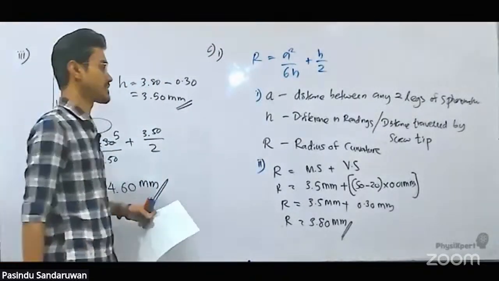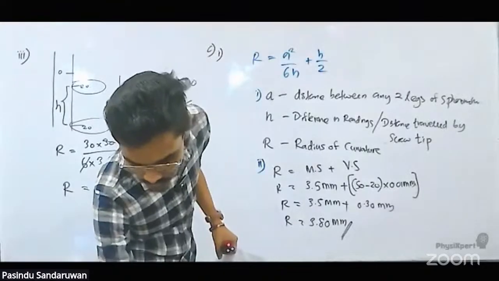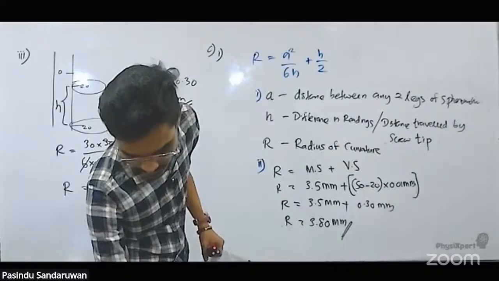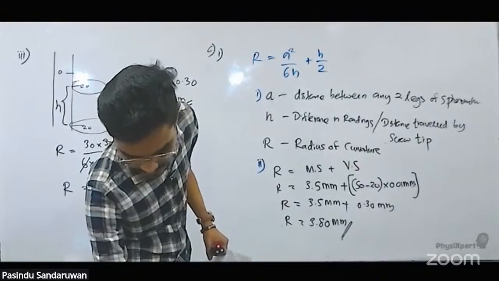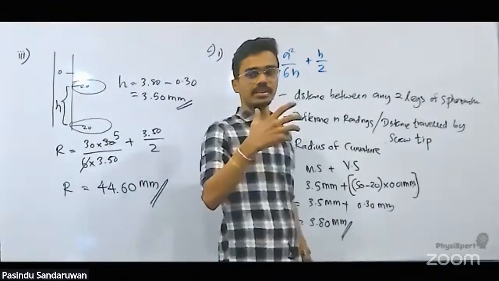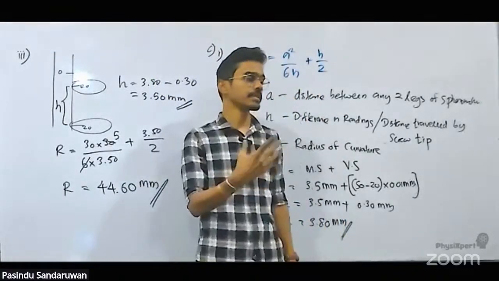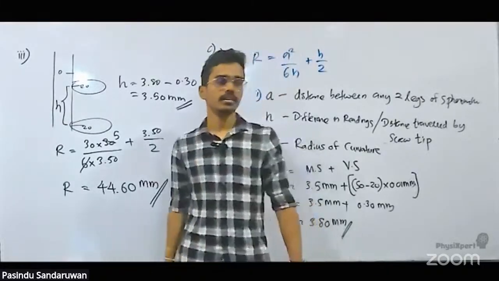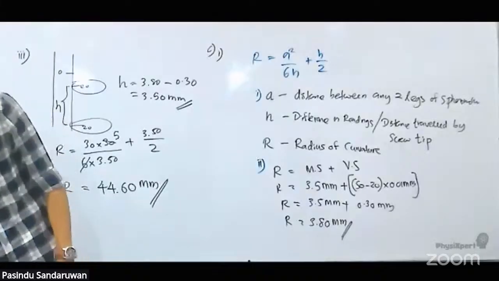Okay, any questions about question 2? Compared to the first question, the thinking part of the second question was a little bit higher, right? And naturally it's there when we deal with the spherometer also, because in a spherometer, unlike the vernier caliper and micrometer screw gauge, there is some additional thinking.